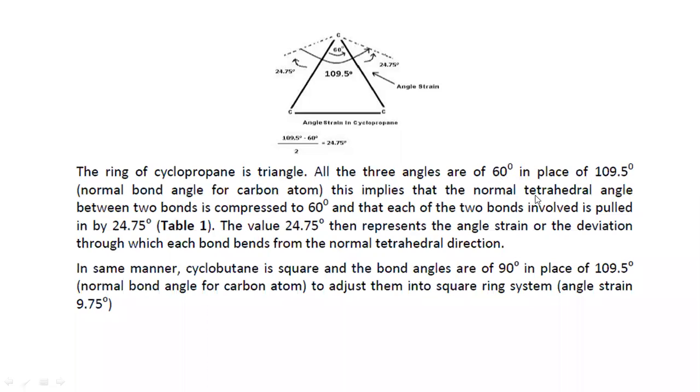This implies that the normal tetrahedral angle between the two bonds is compressed, which will give the angle strain of 24.75, which represents the angle strain or the deviation of each bond angle from the normal tetrahedral bond angle.